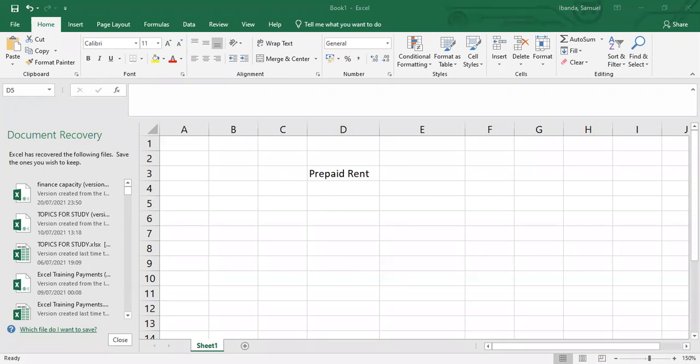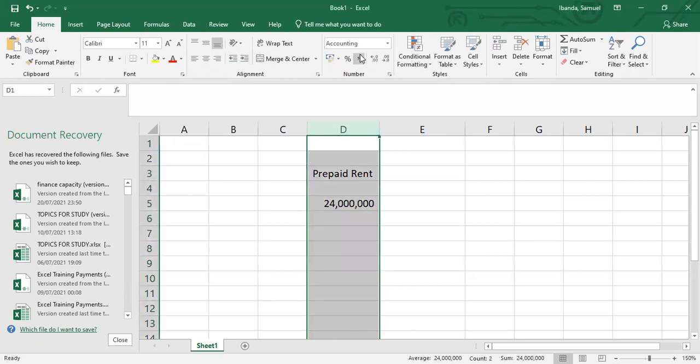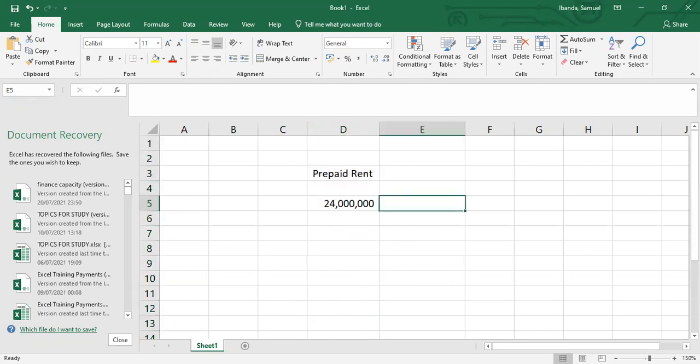Now, we know very well that if they have paid 24 million as our annual rent, you know very well that the year has 12 months.